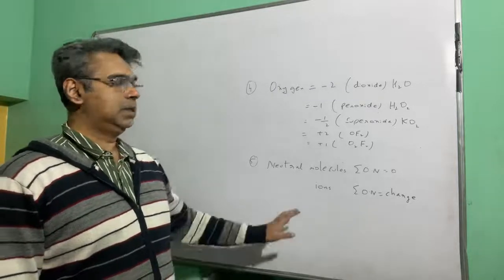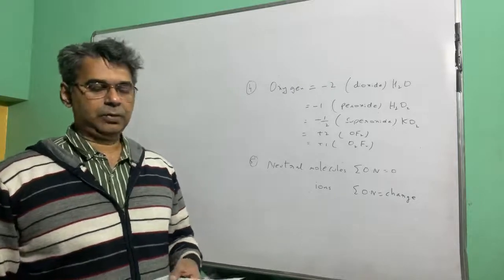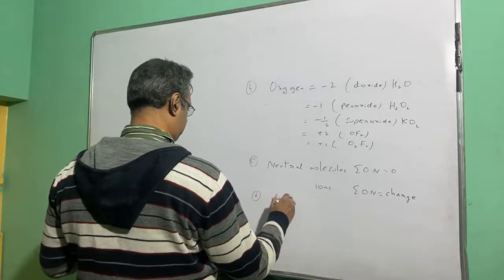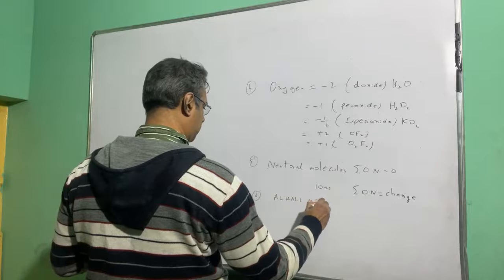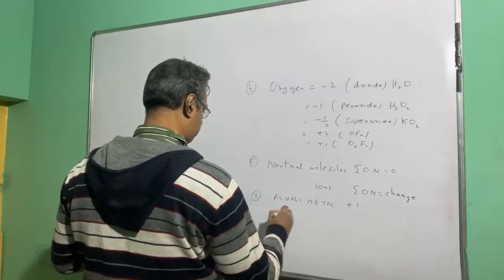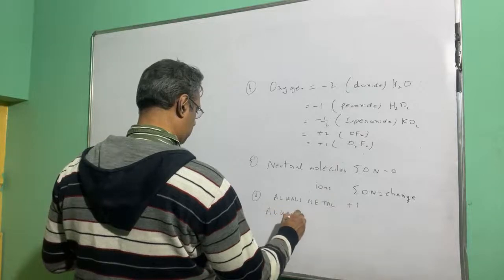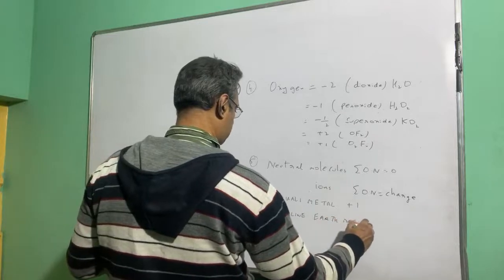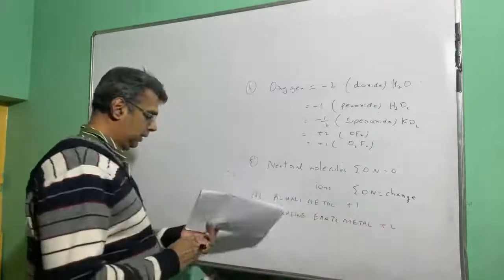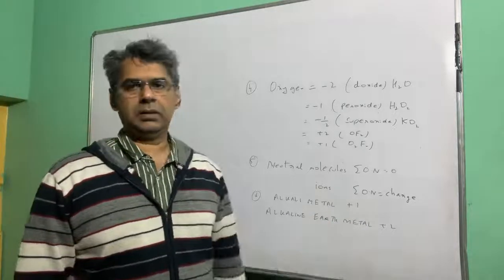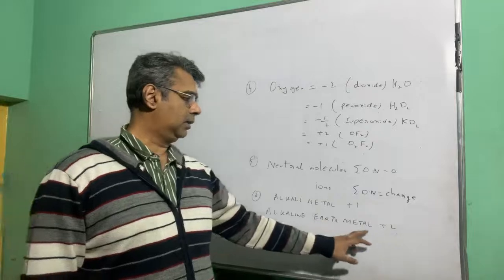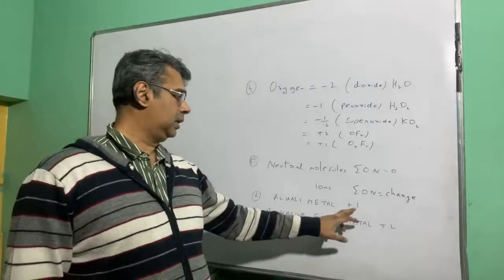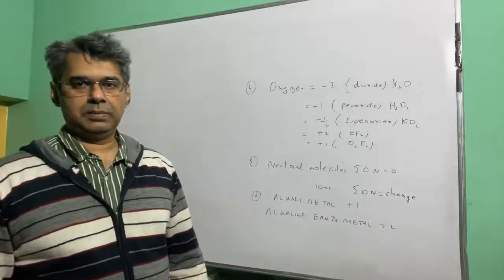So these are the rules, and of course an alkali metal oxidation number is always +1, and for an alkaline earth metal the oxidation number is always +2.